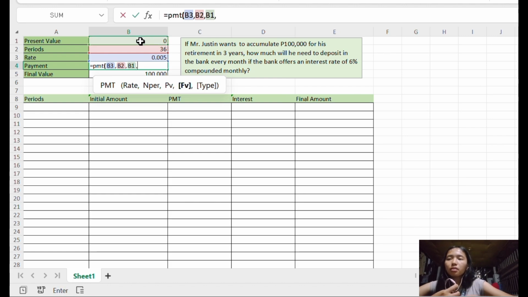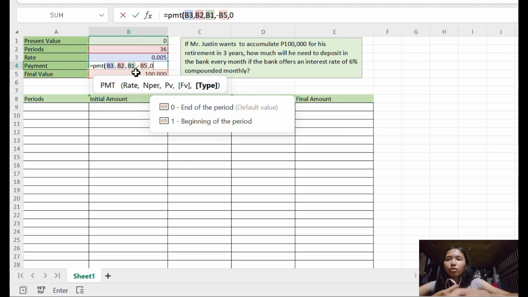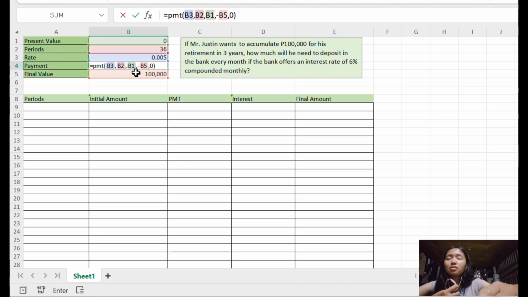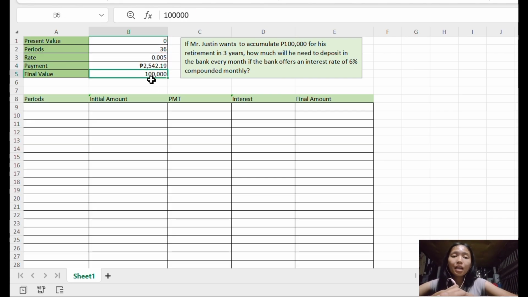Before we click the final value, we first put the negative sign, then click the final value, and then click 0 since it is an ordinary annuity. So we can have 2,542.19 pesos. The purpose of putting a negative sign on the future value is to avoid having a negative amount for our PMT, or our payment.